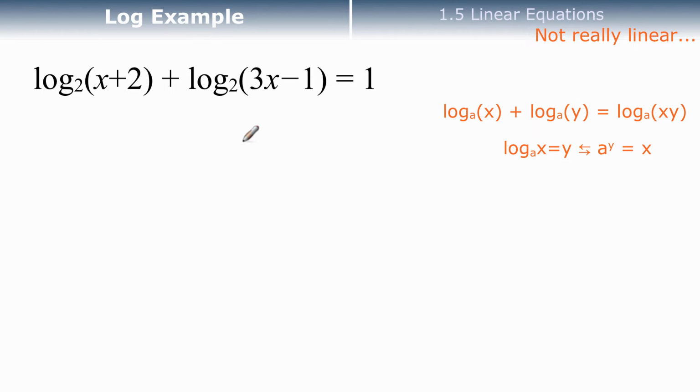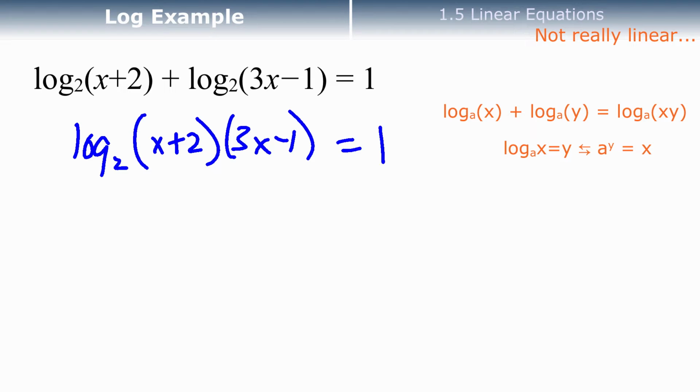Here's another equation where it's a log thing, but what I'm wanting you just to focus on is that there are rules to go from one step to another step. This particular one you wouldn't have seen in a question like this, but there's a rule that governs this. The product rule says if I'm adding logarithms, I can write it with one logarithm, and I multiply that stuff that's inside there.